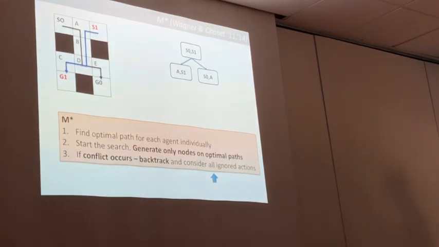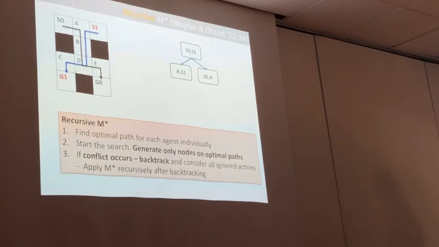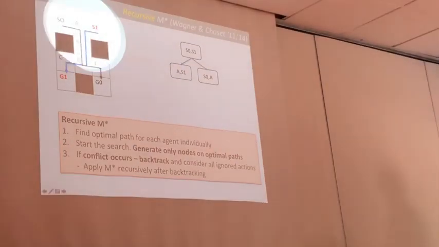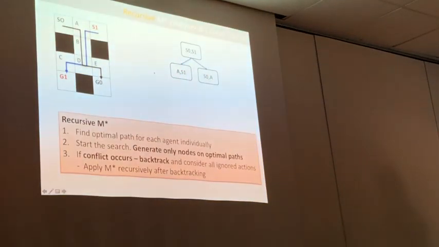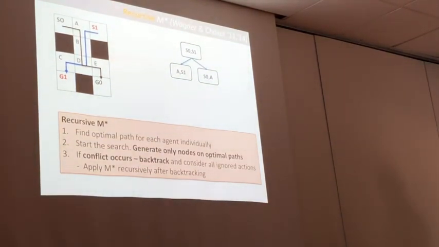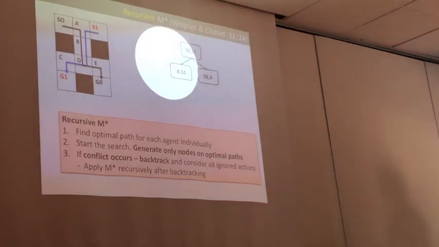Do you see what we have gained? If not, it makes sense because I haven't shown it yet. So the last line is that then we apply M-star recursively. And what do I mean by this? So now at this stage, for each of these states that are after the conflict, we apply M-star again, which means that we again find the optimal path for each agent, but from this new state.